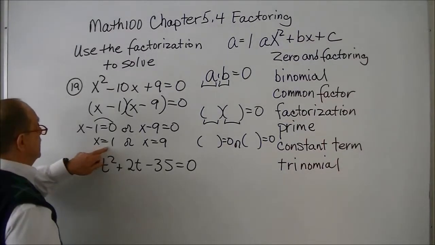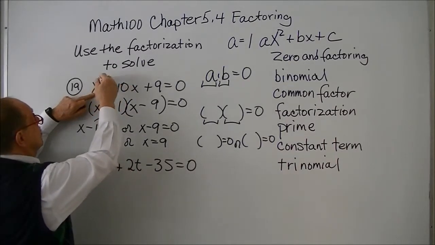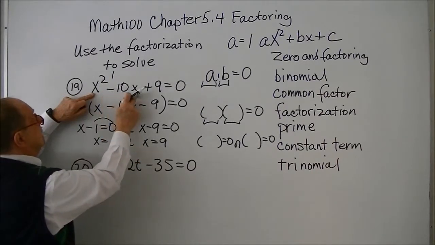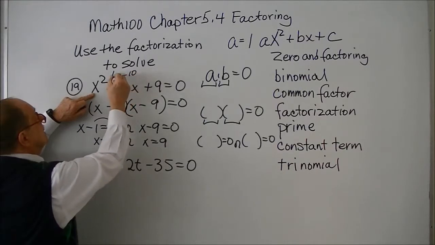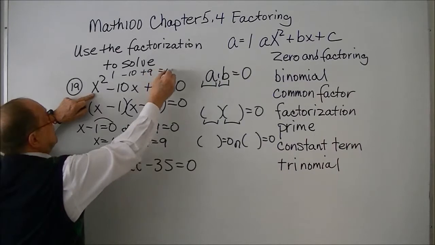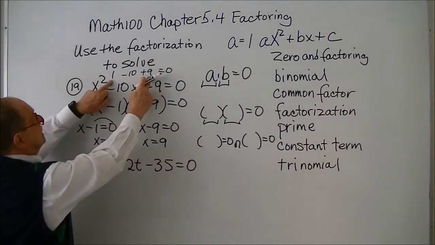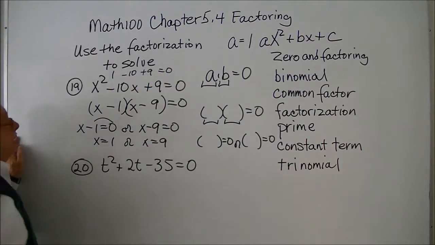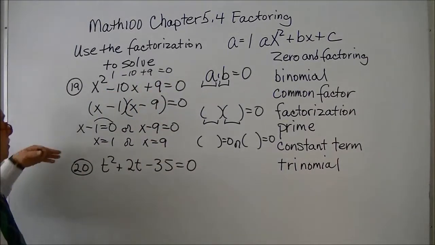If x is 1, 1 squared is 1. A negative 10 times 1 is a negative 10. And then plus 9. Does that equal 0? Well, there's your positive 10, there's your negative 10, that equals 0.